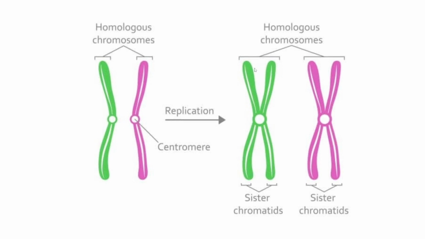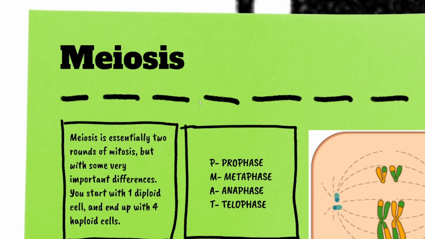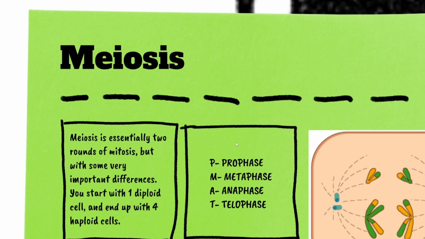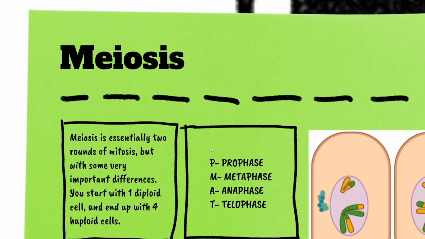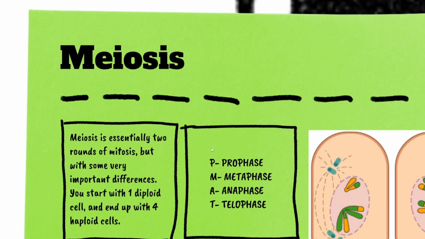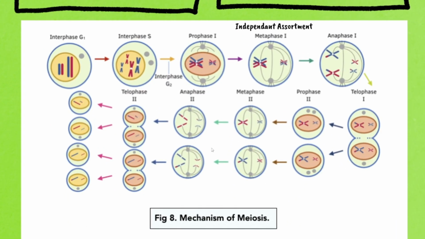Okay, now let's get into meiosis. We learned that meiosis is a process of cell division which causes genetic variation in the parents and offspring. Even in mitosis we learned that there are four processes: PMAT, prophase, metaphase, anaphase, telophase.